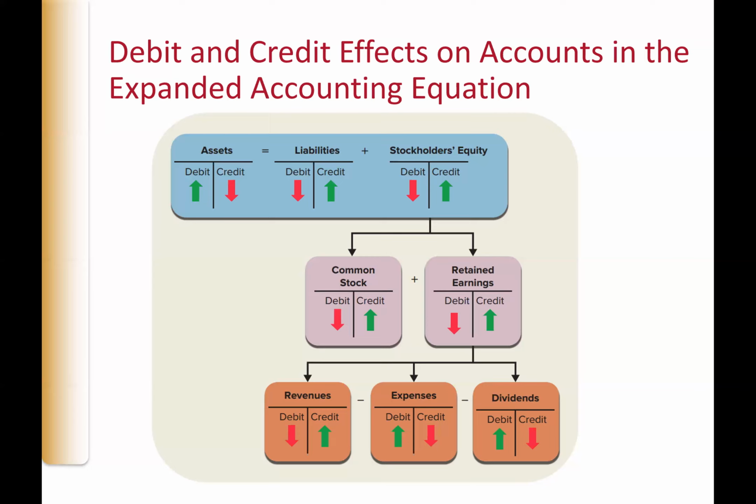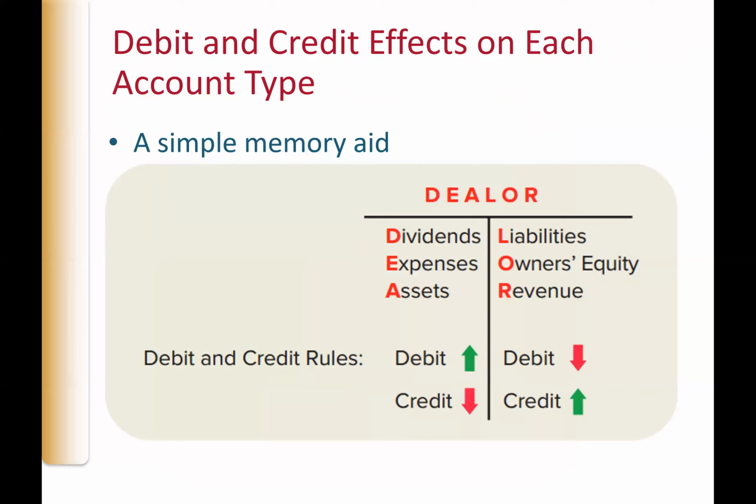The normal balance of a revenue is a credit. That increases a revenue. To increase an expense and to increase a dividend, you debit them. This is a good slide. Dividends, expenses, and assets have a normal debit balance, meaning you increase them by debiting them. You decrease them by crediting them.